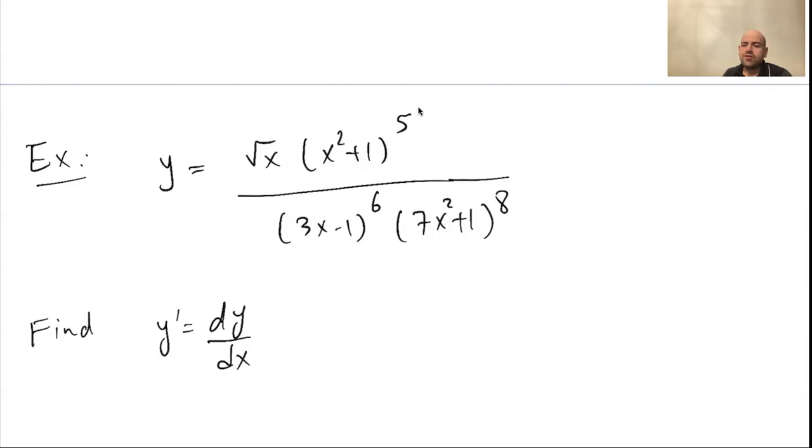But if we apply logarithmic differentiation, if we take log from both sides of our equation, then we can find y prime much faster, because we can take advantage of properties of logarithm to simplify our expression first, and then we can easily find y prime.